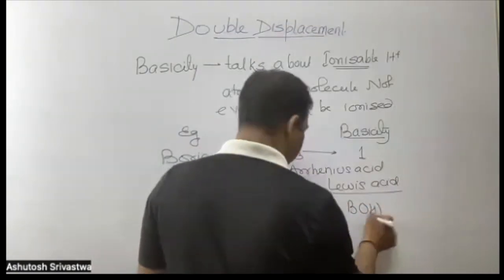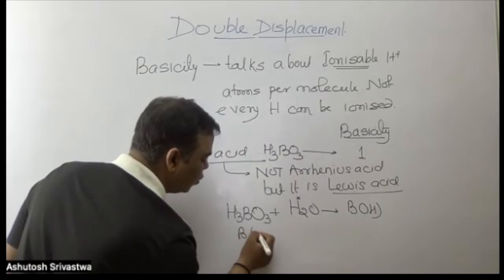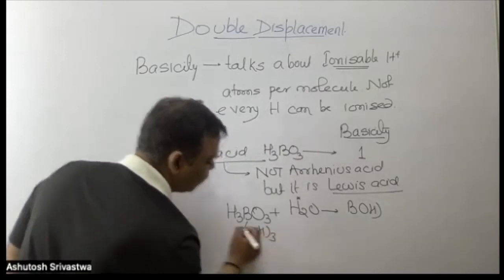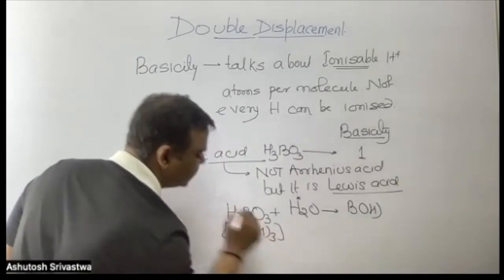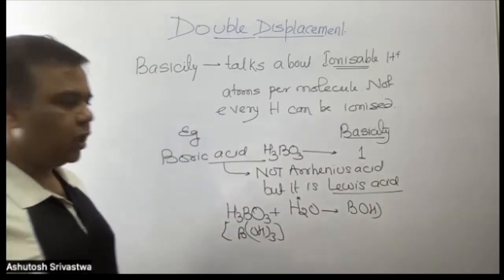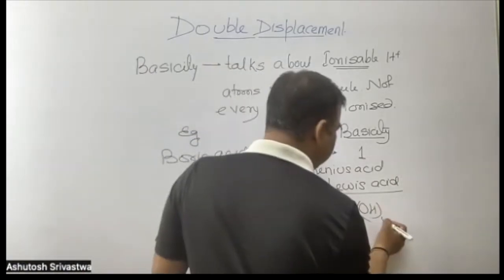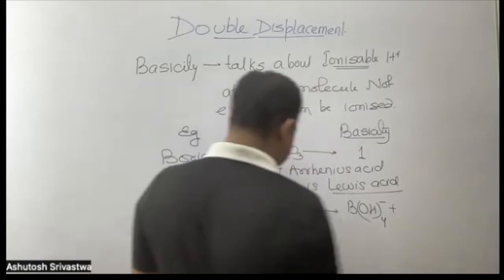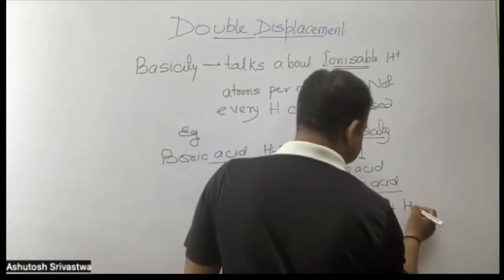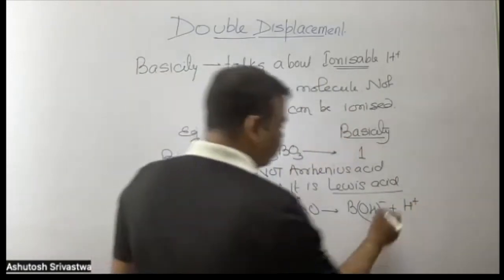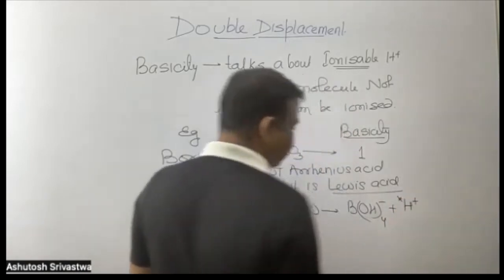B(OH)4. It can be written as B(OH)3 also. This is the same thing, isn't it? It will react to form B(OH)4 and it is again going to give you H plus. This H plus is coming from water, so again a star mark is there.